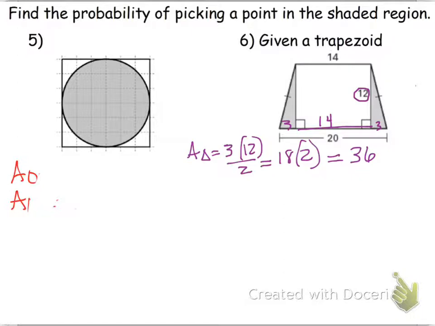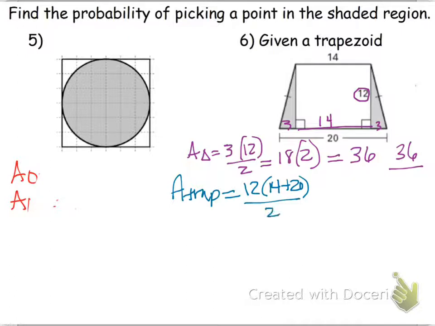And then I'm going to eventually need to divide that. That's my part. I need to divide it by the whole. And so now we need to get the area of the trapezoid. So I need to take the height, which is 12. I'm going to add the bases together. So that's 14 plus 20 and divide it by 2.